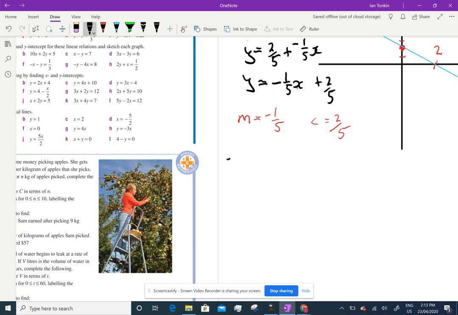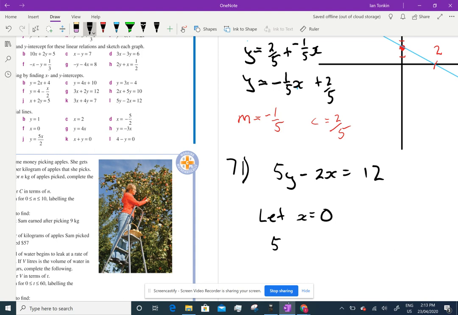So let's take 7L, which is 5y minus 2x equals 12. Now, you can do this much easier. You don't have to write this in intercept form. So first up, I'm going to let x equal 0 to find the y-intercept.